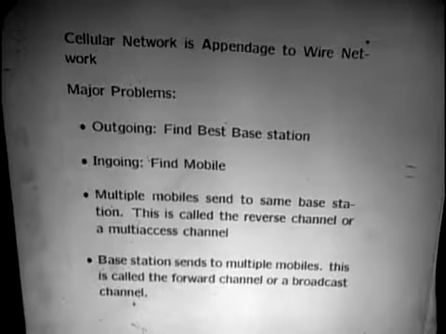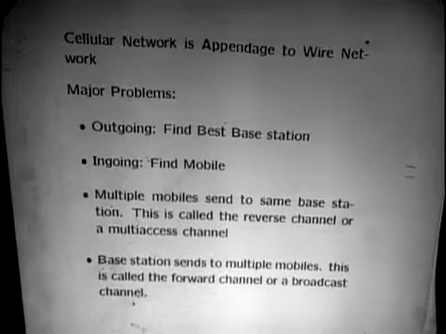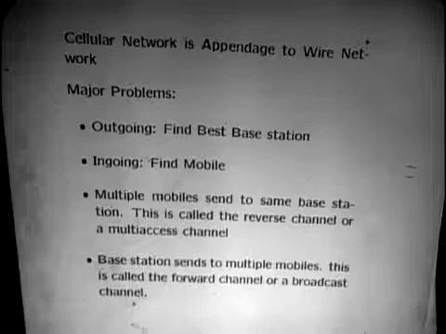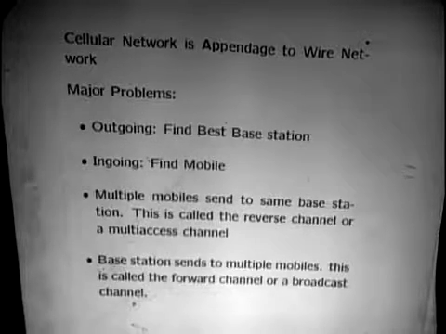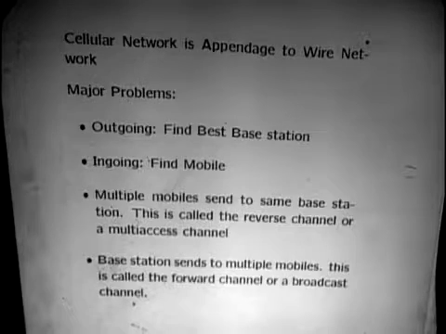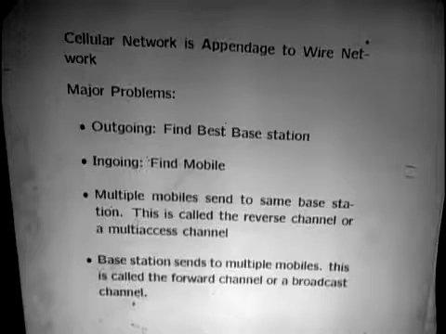Another is the ingoing problem of finding a mobile. If you think about that, it's really a very tricky problem, because I run around in my car with my cell phone turned off all the time, and I only turn it on if I want to talk to somebody. So I turn it on, and somehow the whole network has to suddenly realize where I am.